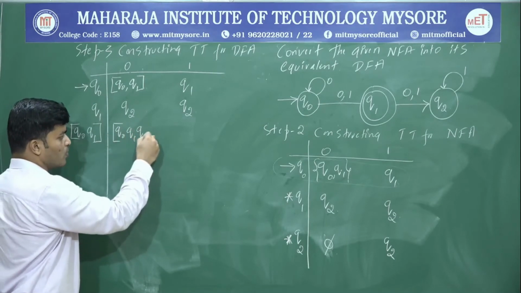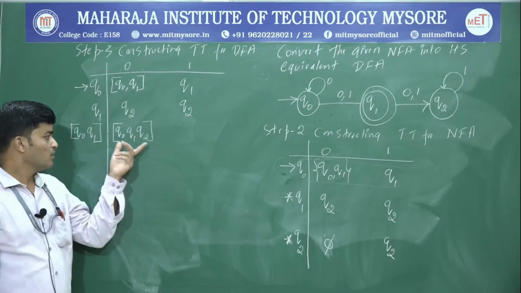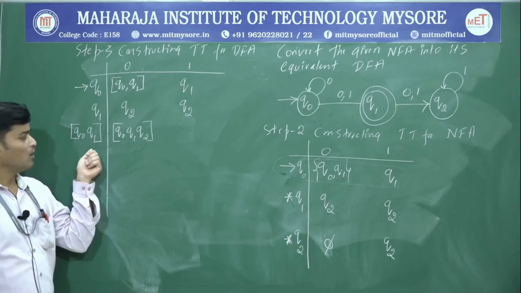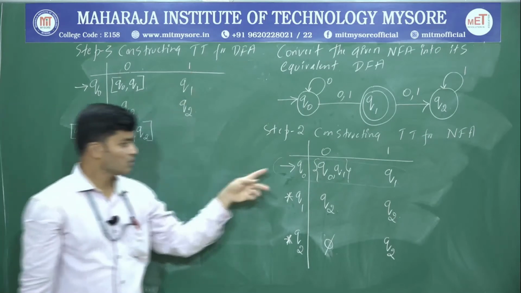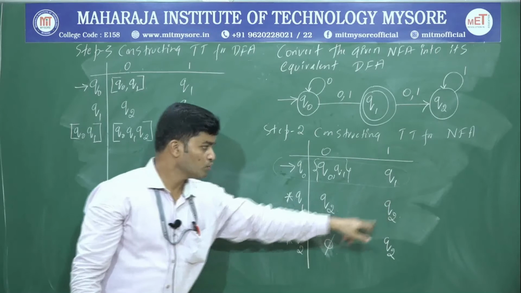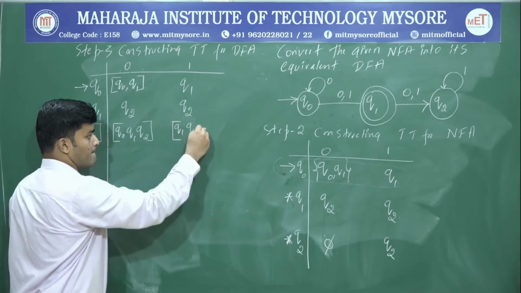Even though we have more than one state, in the DFA this becomes a single state. Next, what is Q0 Q1 upon 1? Take the union of these two, and you will get Q1 Q2.